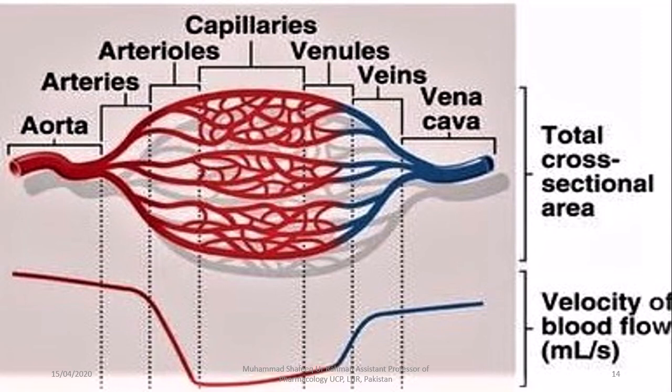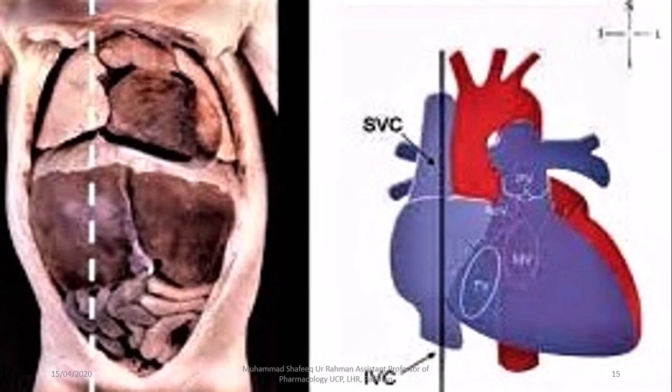The blood from the venous capillaries will flow back from the body to the heart through the venous blood vessels. Similar to the arteries, the blood flows from the venous capillaries into the venules.